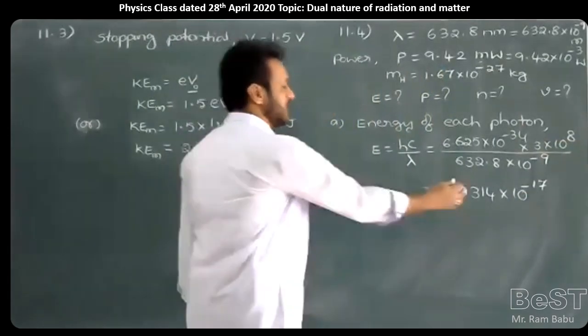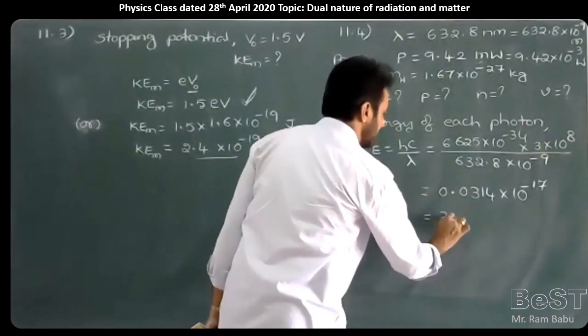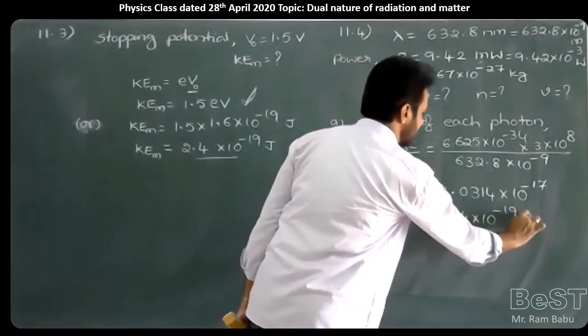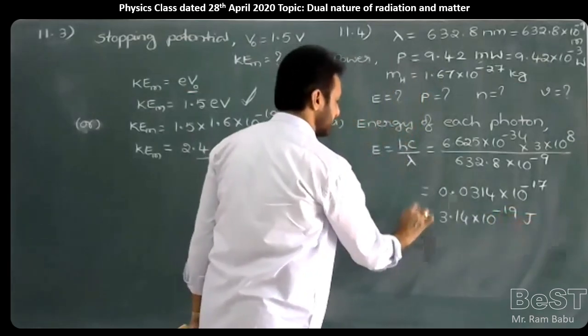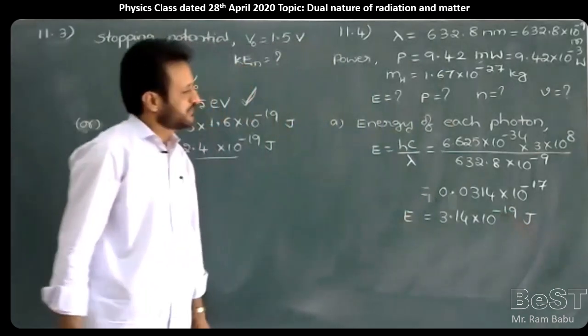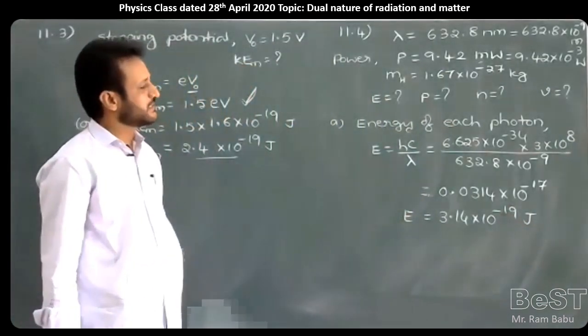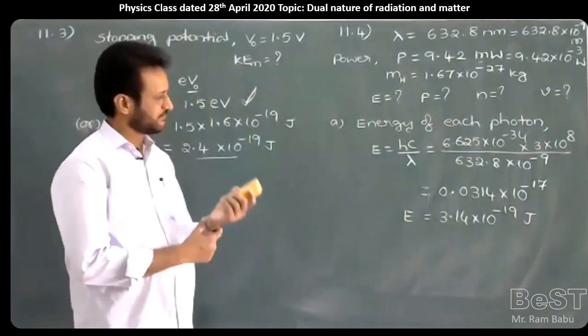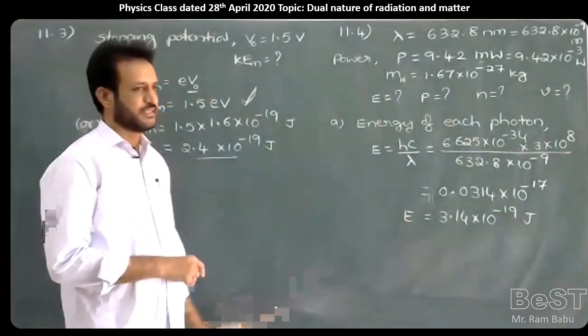Or you may adjust two digits: 3.14 into 10 to the power of minus 19 joule. That is the energy of the photon, the first answer. Second one.